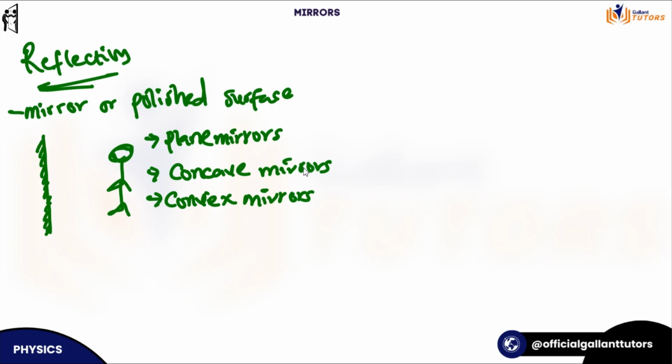Now let's talk about the laws of reflection. What are the laws governing it? Basically, there are two basic laws. The first law is that the incident ray, the reflected ray, and the normal all lie on the same plane. Now, don't cram it. Just try to know it.